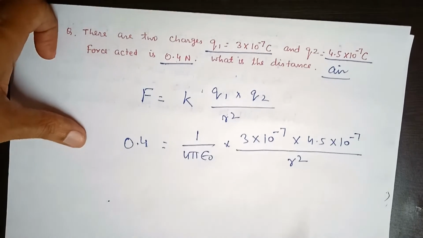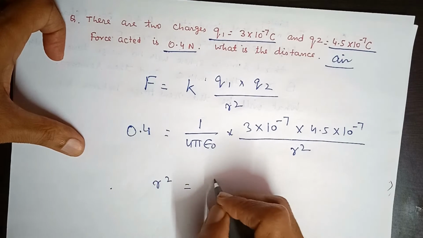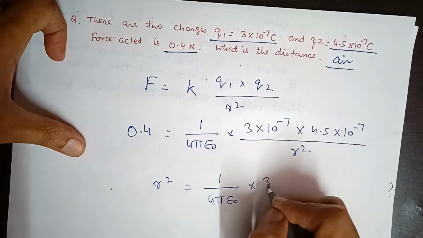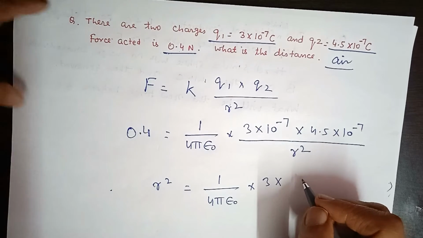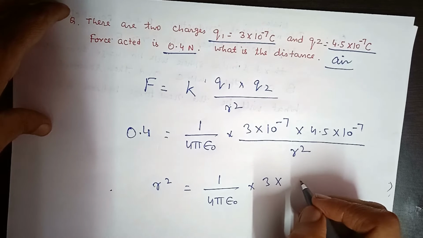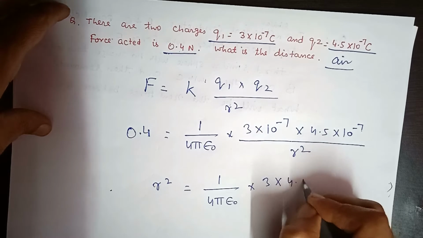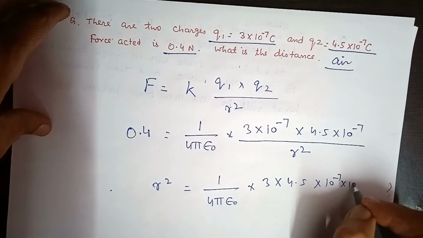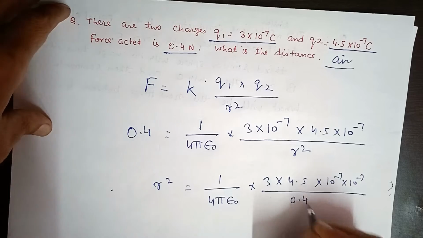Now with this we can say that R square is equal to 1 by 4 pi epsilon naught into 3 into 10 raised to the power minus 7 into 4.5 into 10 raised to the power minus 7 divided by 0.4.